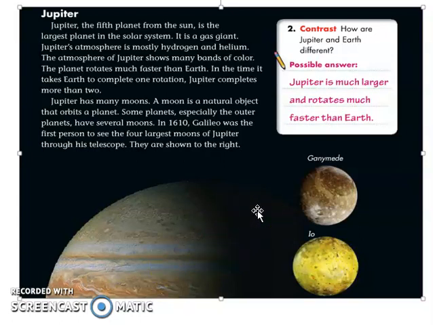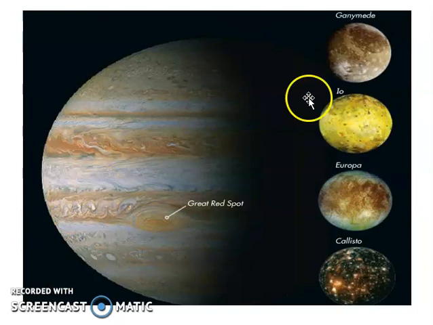According to the records of the scientists, as of today, it has 52 or 53 moons. In 1610, Galileo discovered the four largest moons of Jupiter. I will show it here. The four largest moons of Jupiter are Ganymede, Io, Europa, and Callisto.